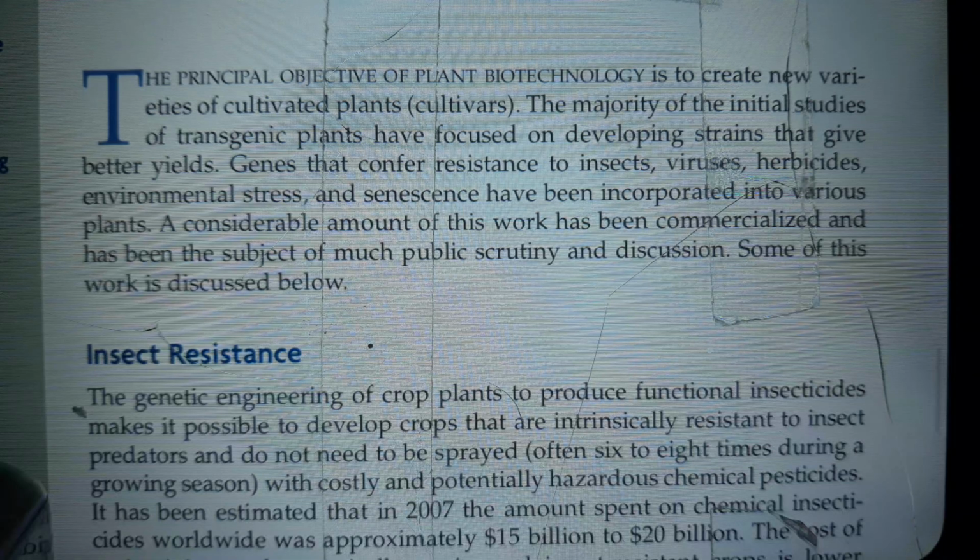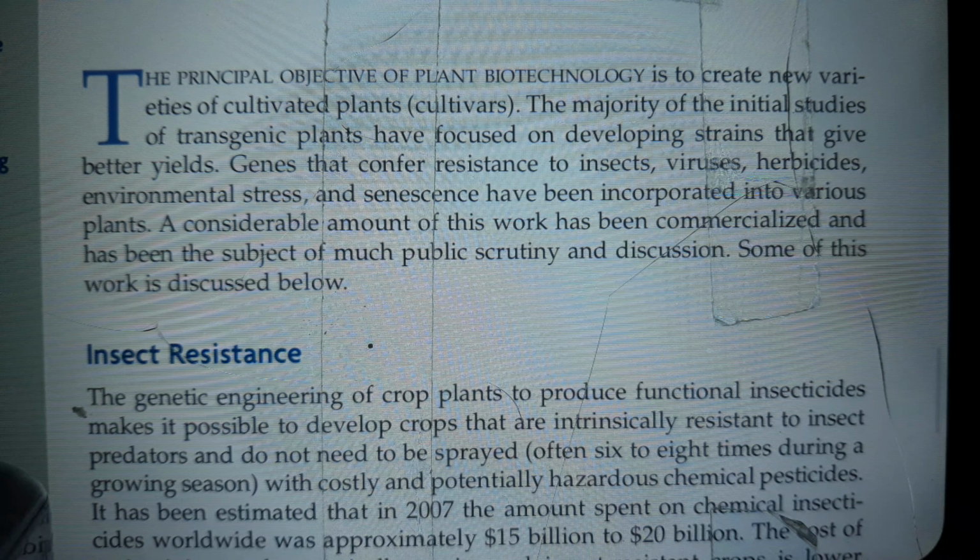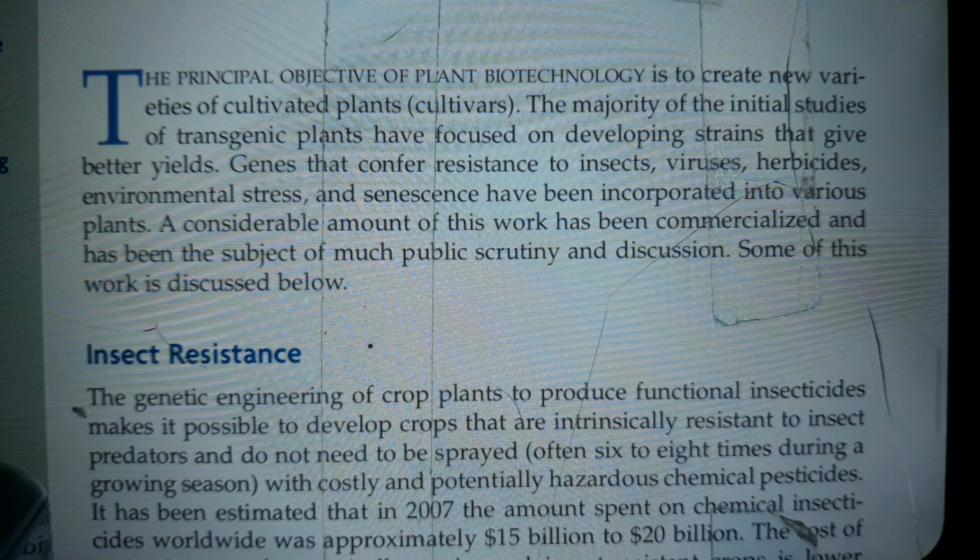The principal objective of plant biotechnology is to create new varieties of cultivated plants, cultivars. The majority of the initial studies of transgenic plants have focused on developing strains that give better yields.